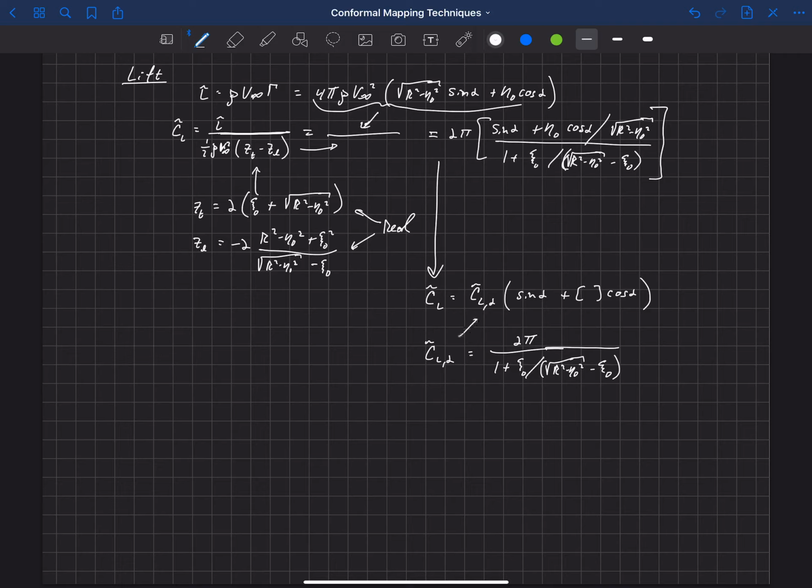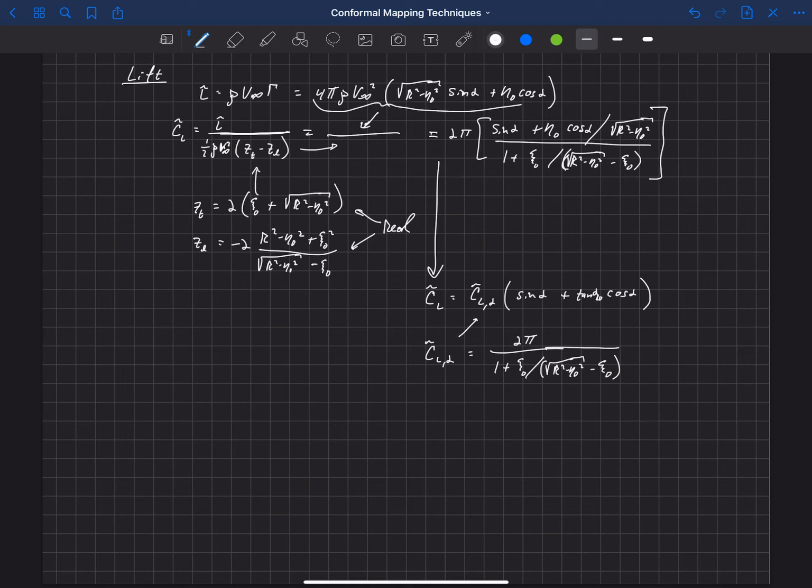That's out front there. Inside, we have the sine alpha term, we've moved the denominator out front, and then we have some constant times the cosine of alpha. We're going to call that constant the tangent of alpha L0.